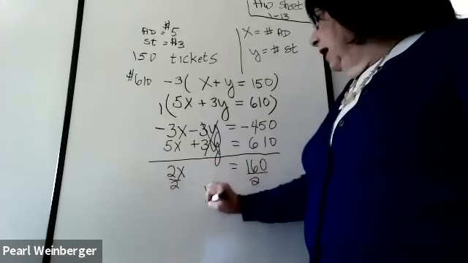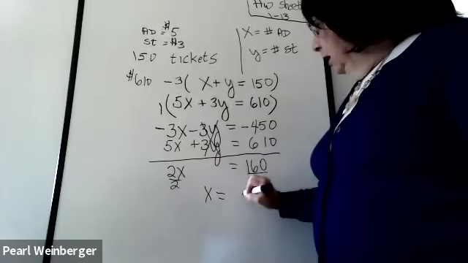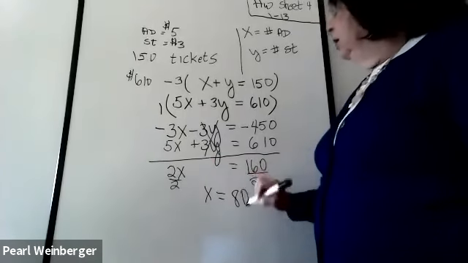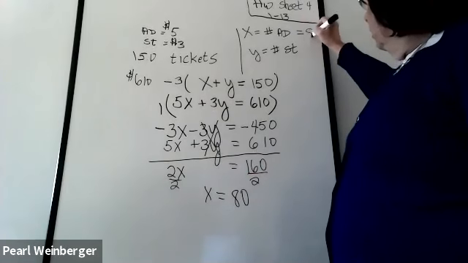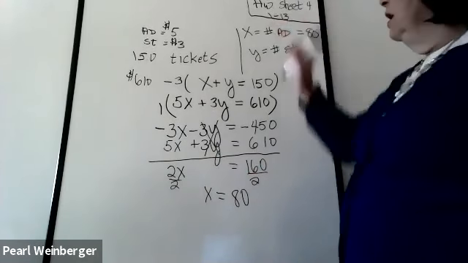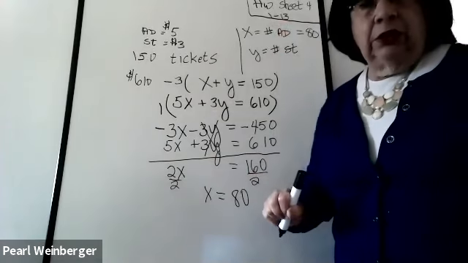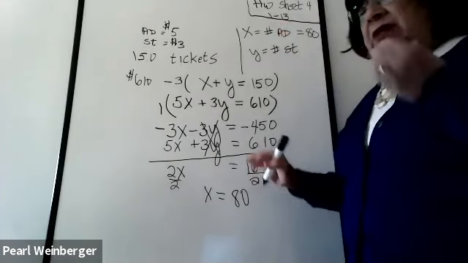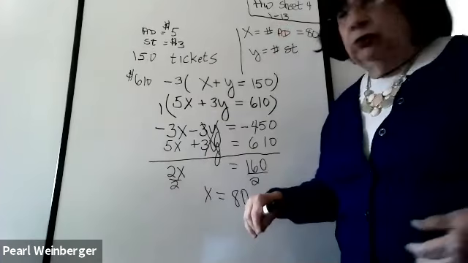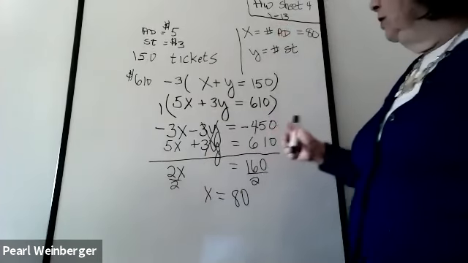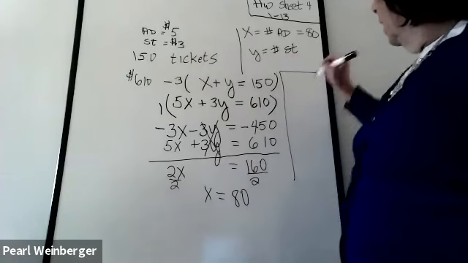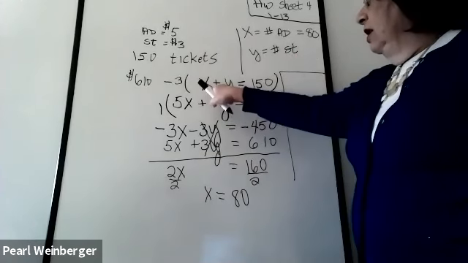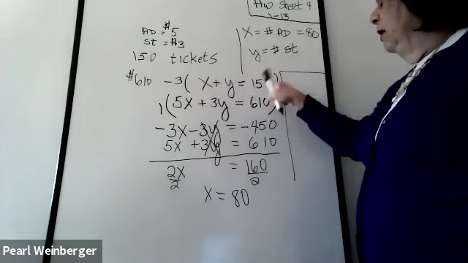And now I divide both sides by 2. So that gives me x equals 80. So let's go back. The number of adult tickets sold were 80 because X stands for how many adult tickets were sold. But it said how many adult and how many students. Let's see how we can figure out what the student tickets were. Let's take this equation, x plus y equals 150.